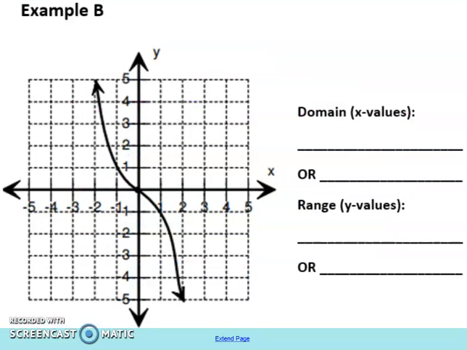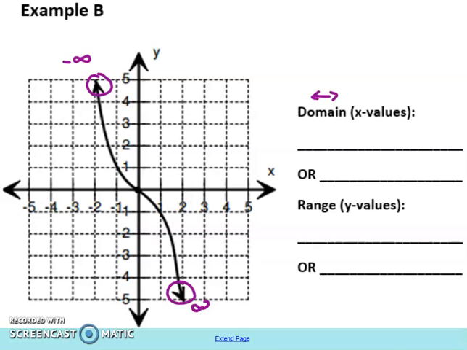Okay, let's look again. All right, so example B. Pick up your domain color. Remember domain: left to right, left to right, left to right. All right, so I'm looking for the furthest left, following my graph. It's an arrow that tells me this time it's going to the left, so it's negative infinity. All right, let's find our right. Oh, I have another arrow.